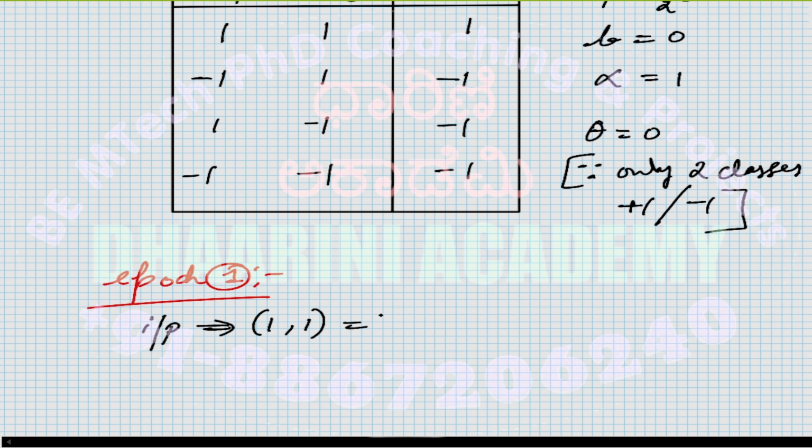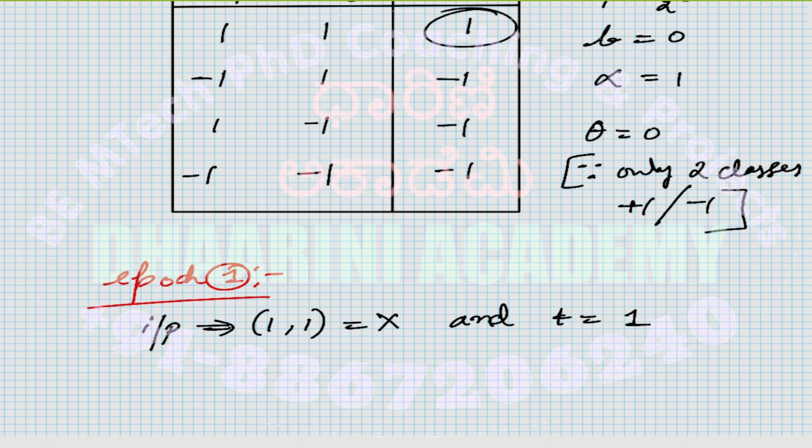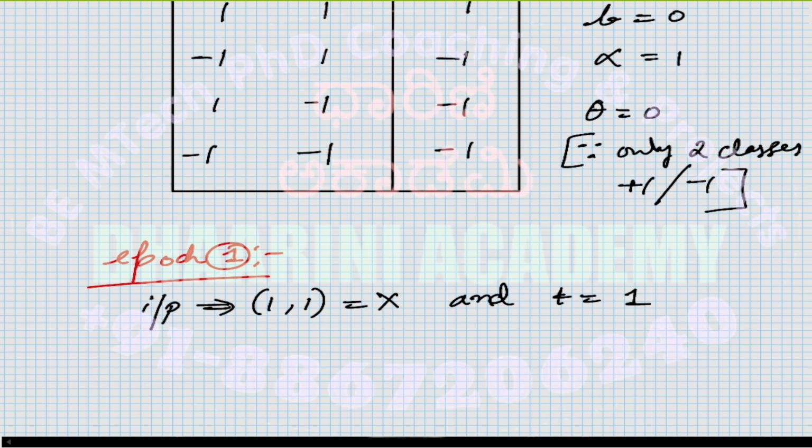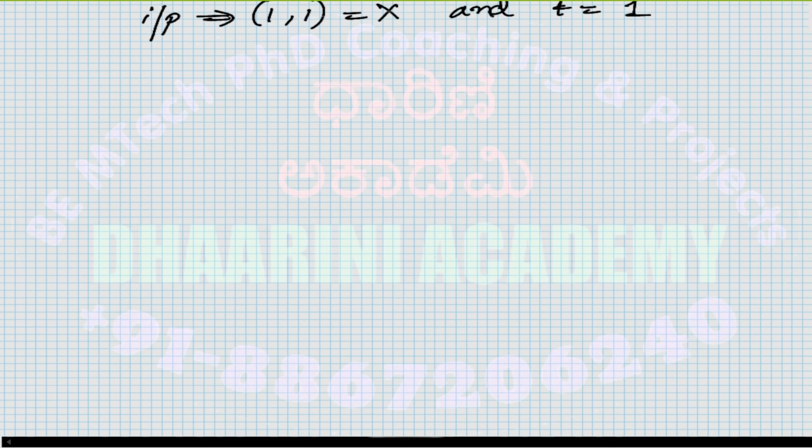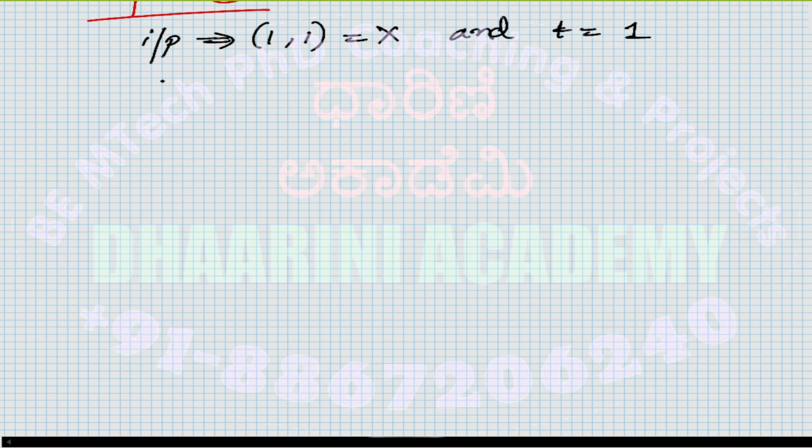So this is the x, and let me write the target. And what is the target? Target t is equal to 1. How do you know? From the table. Now the rule says to calculate the z value. So how to calculate z? z is equal to the bias value plus summation xi into wi.